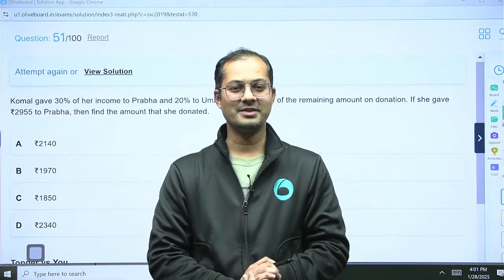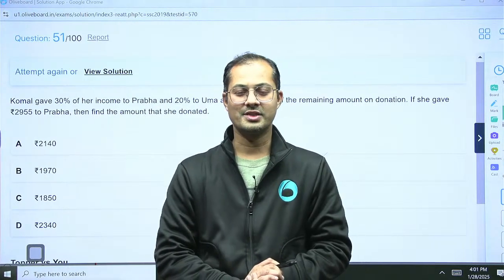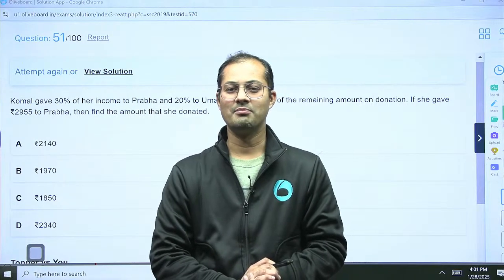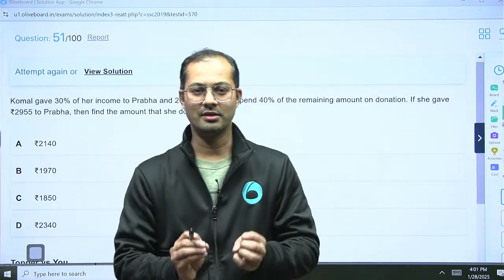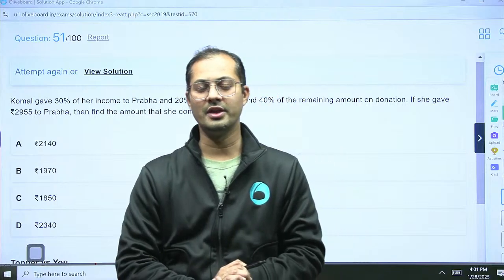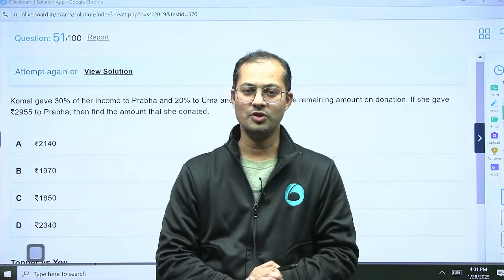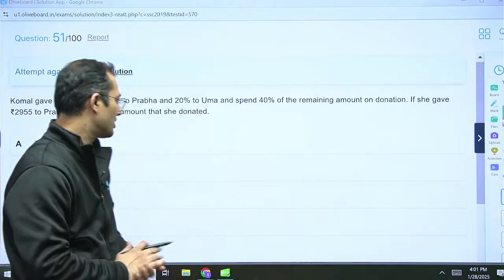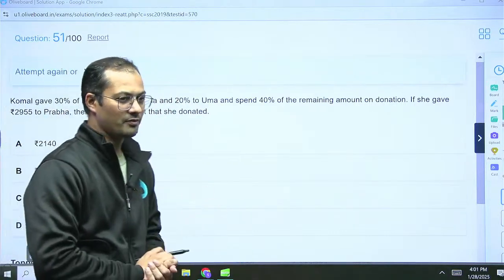For the coming session, today we are going to start the discussion of the Tier 1 all India level mock test. This is the time to discuss the quant section solution. Let's begin. I hope you have attempted this test paper last weekend.